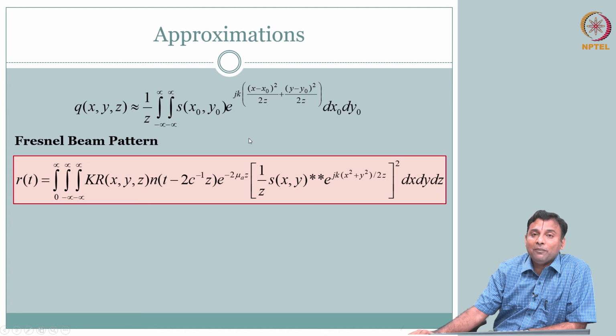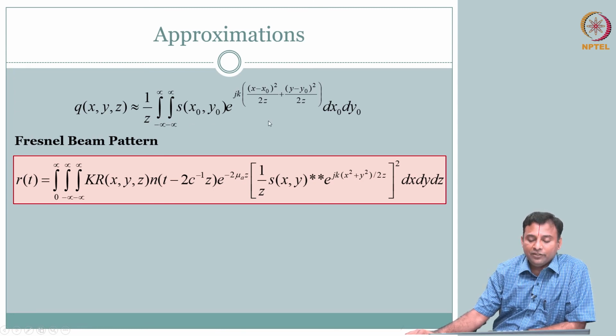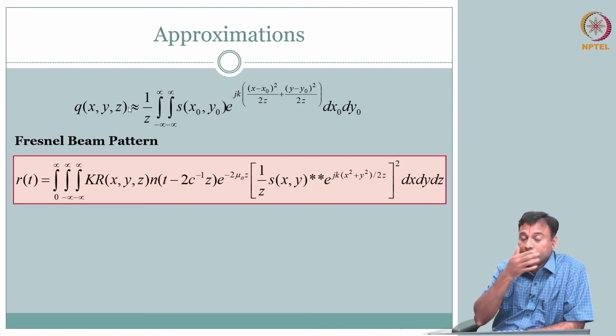two-dimensional convolution. So what we have done is we are recalling this r of t same as before, only the place where we had q of x comma y comma z square, the q I have simplified using Fresnel. How did I simplify? I simplified by making an approximation in the expansion of the phase term. I have used only the first two terms in the binomial expansion.